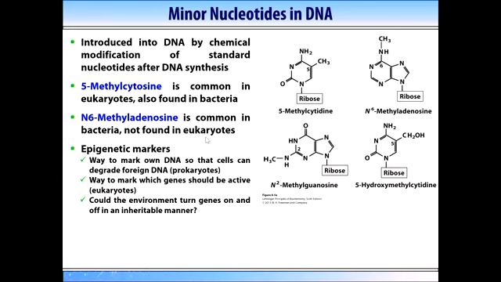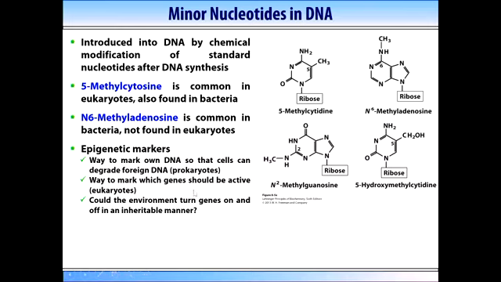They appear after the DNA or RNA was synthesized, by special enzymes which attach methyl groups to one atom or another in the nucleotides. These modifications have their own functions.